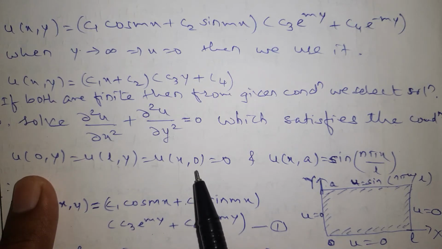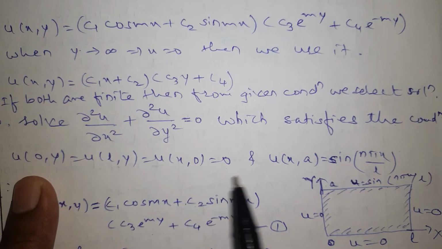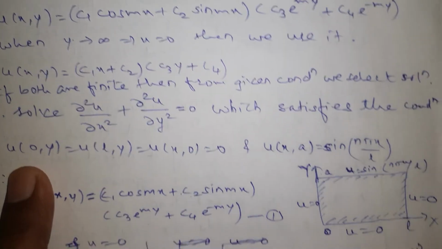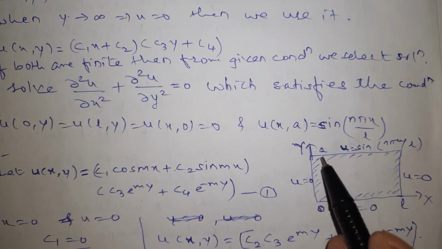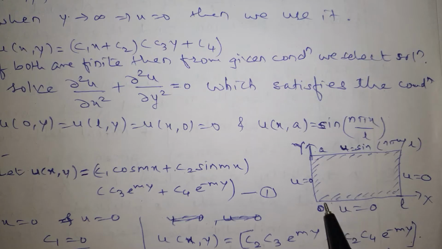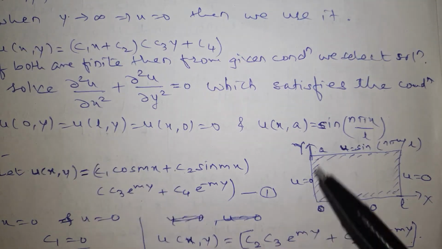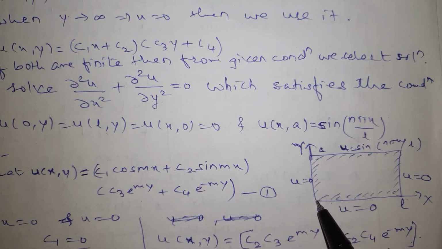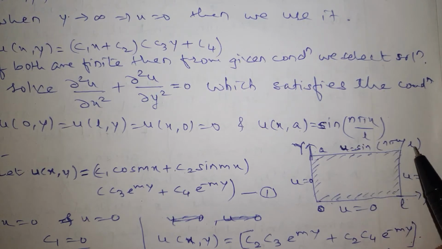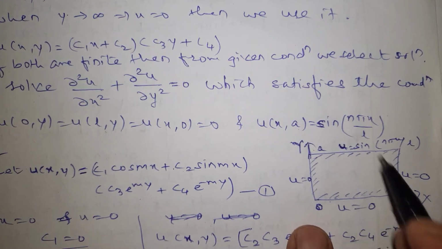Similarly for the y axis, if y is 0, then also u equal to 0, and at y equal to a, it is sin n pi x upon L. If I draw a figure, it looks like this: x axis, y axis, with x from 0 to L. At y equal to 0 it is 0, and at y equal to a, it is sin n pi x upon L. So from this we can select our solution.